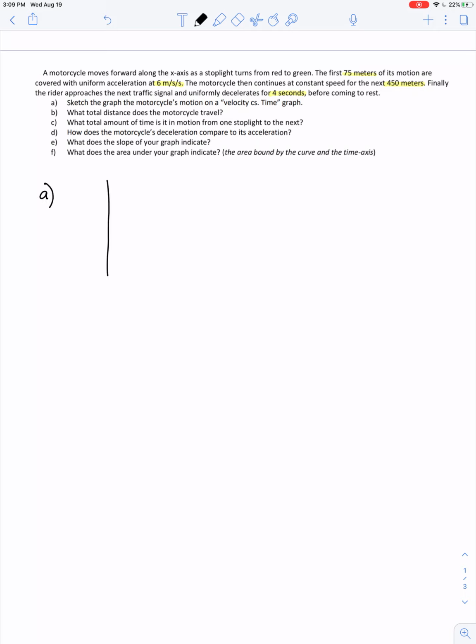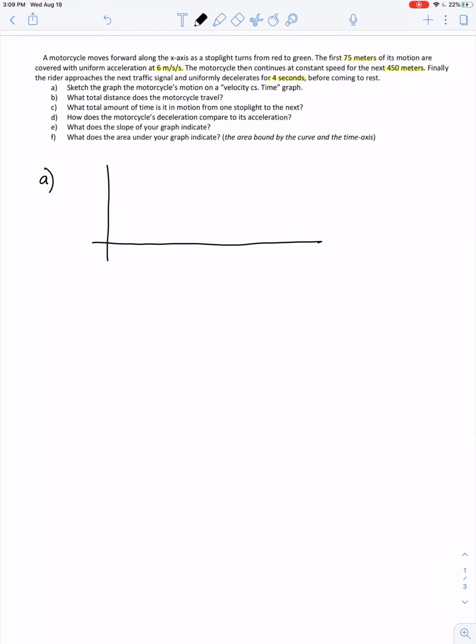So before we finish this graph, let's just make a little sketch of what's going on here. All right, so there's a stoplight.